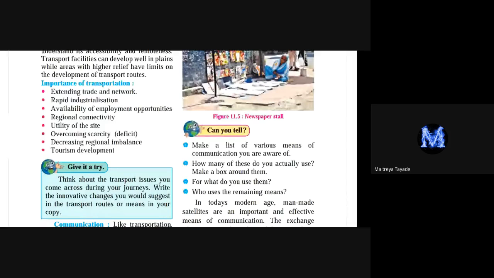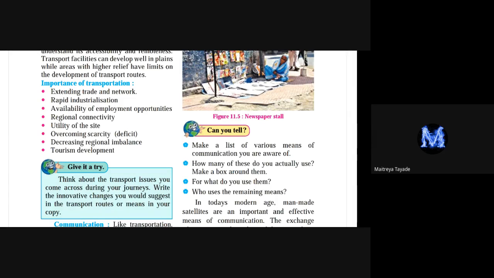Availability of employment opportunities: as we know, basic transportation infrastructure is very important. Railway lines, railway bridges, other bridges and roadways require many big tenders to build, and so they require manpower. That's why employment is generated and people get jobs, their income increases, and ultimately the income of our country increases.